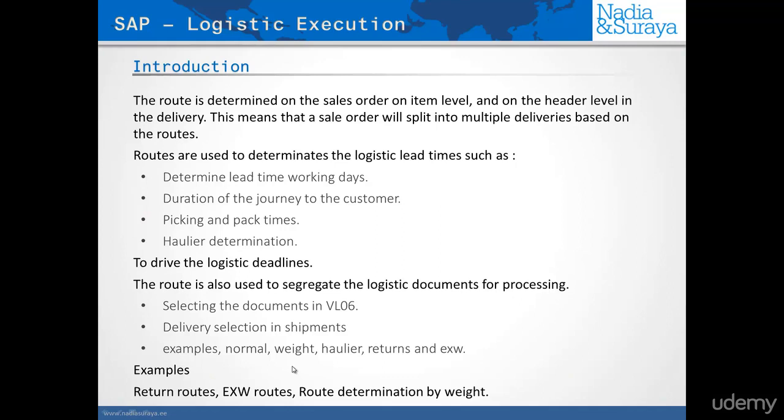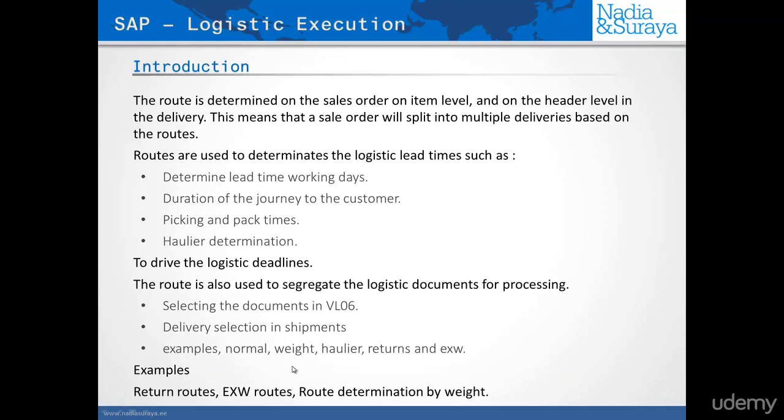For example, you could have a route that represents normal shipments, a route that could select a particular haulier, or a route that could select a particular process. So returns, in theory, could be one route or one type of route. And if the customer chooses to collect their own product, we could also have a particular route for them.